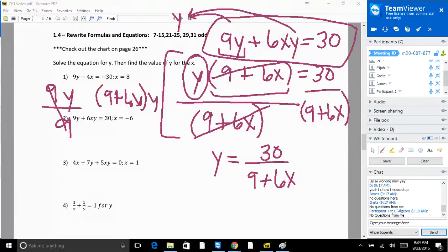So to get rid of the 9 plus 6x, I need to divide by the 9 plus 6x. Kind of a tricky little step in there.